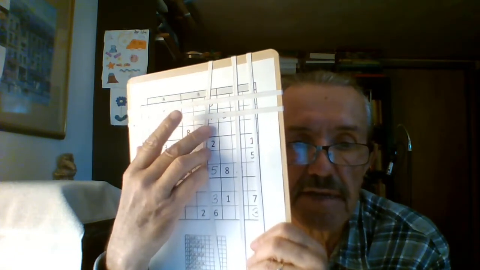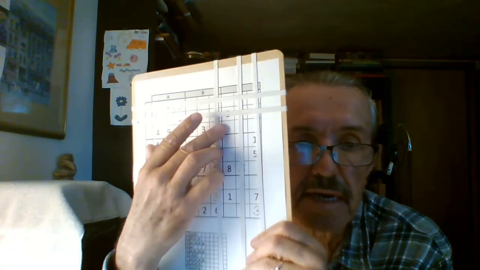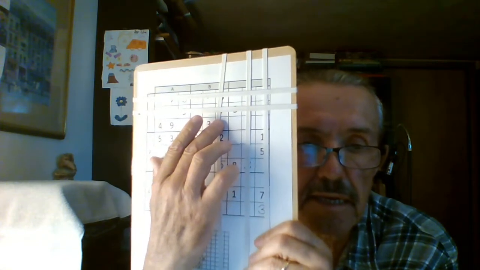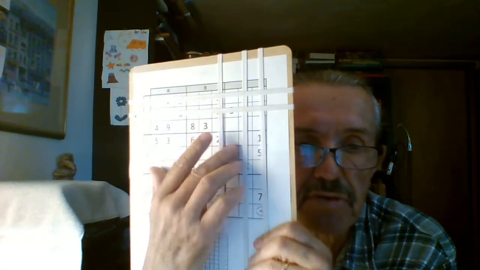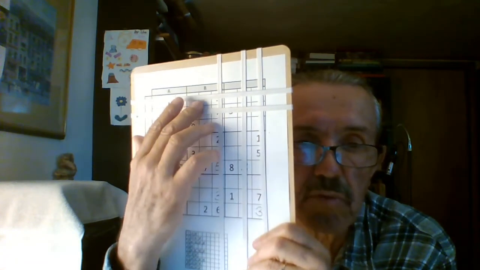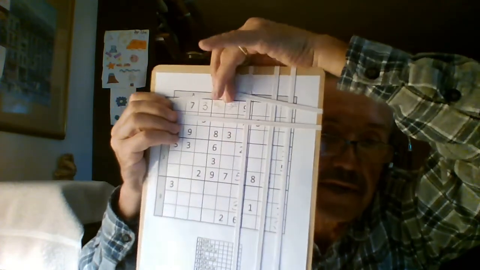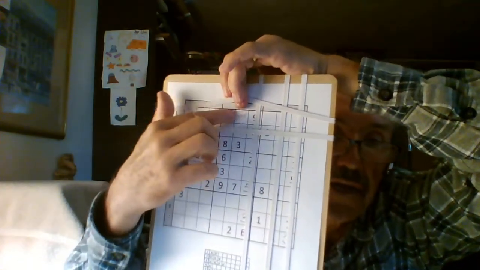It means that in this square B1 we cannot keep number 5 because it already exists in this row. One available space in B1 is this area.